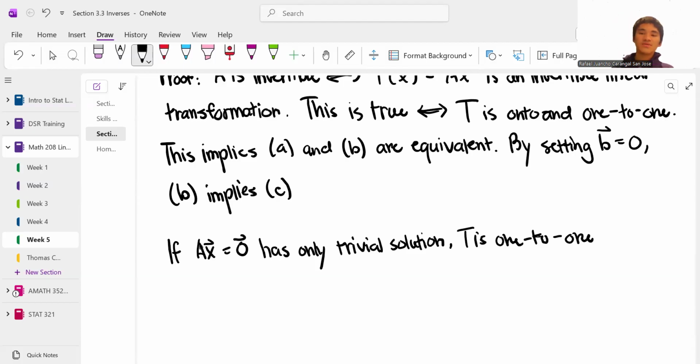T is 1 to 1 since if there's only the trivial solution, the set of column vectors of A are linearly independent. And if they're linearly independent, then by that theorem, T is 1 to 1.